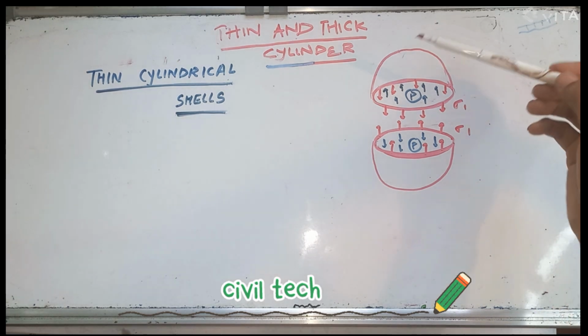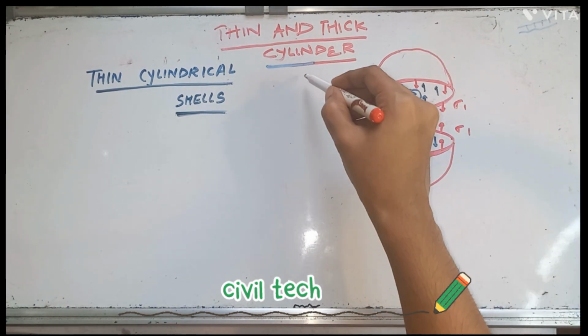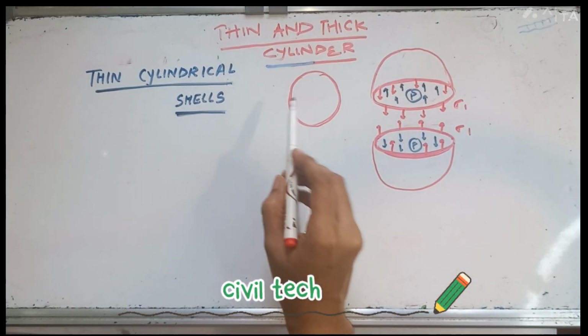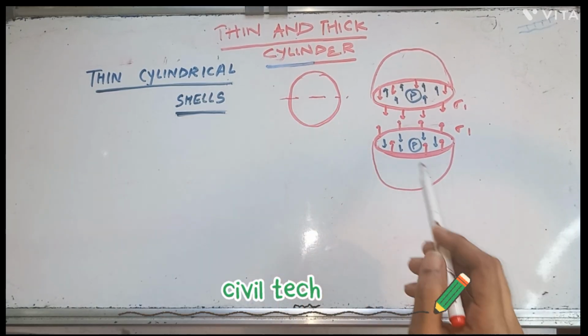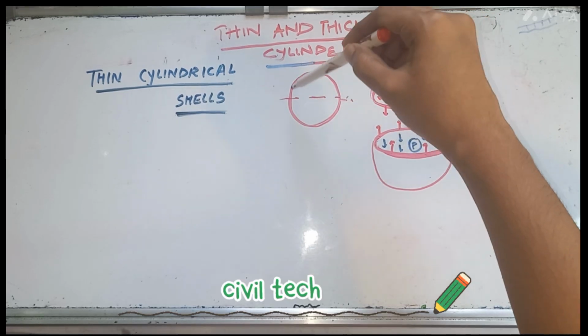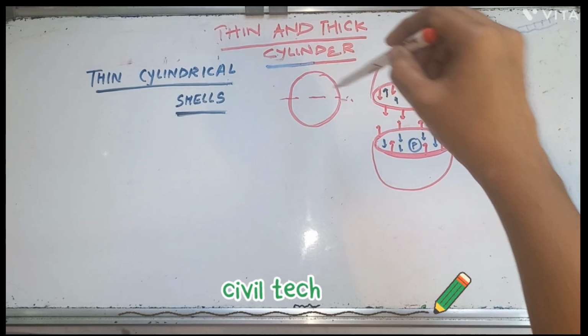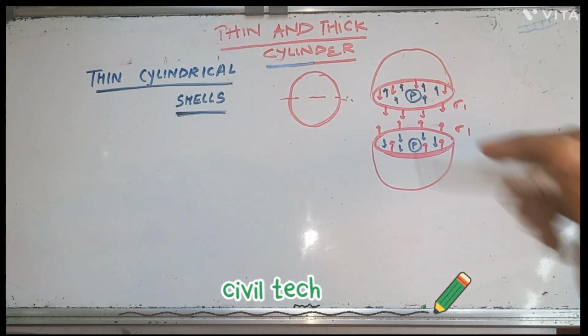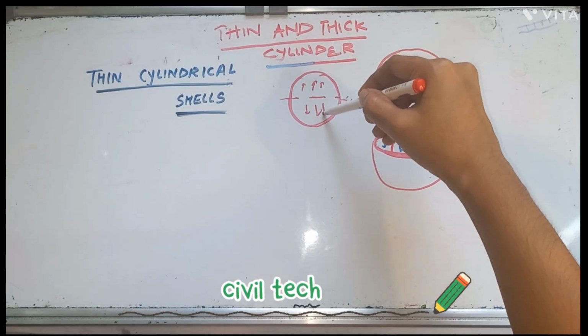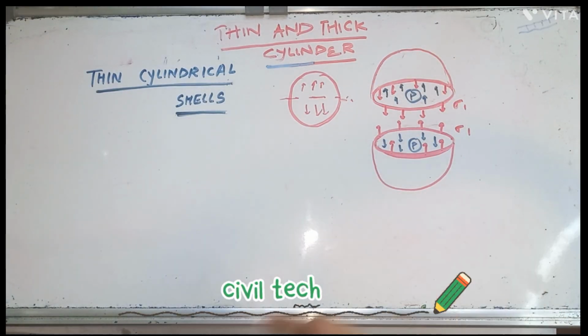Now we'll take a thin spherical shell. Consider it as a shell, a sphere, and it is cut like this. Due to the fluid pressure inside acting throughout the circumference, that is, pressure acting like this upward throughout the circumference and like this downward throughout the circumference, it gets split into two parts.